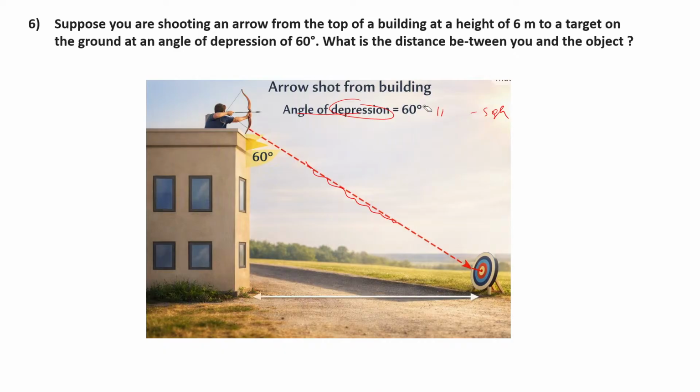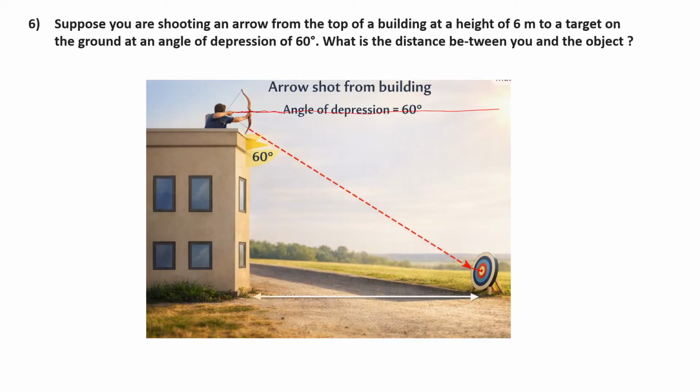Here at the point of observation, there is no horizontal line. So you cannot say that this 60 degrees will be the angle of depression. Instead, I'll tell you very clearly, we need to draw an imaginary horizontal through the eyes of the observer.